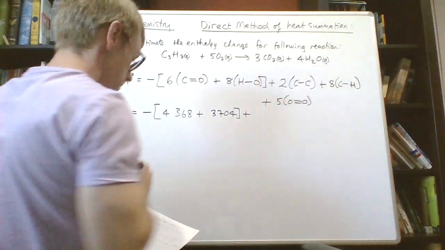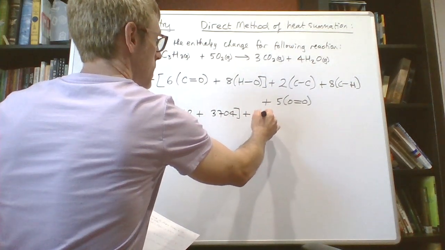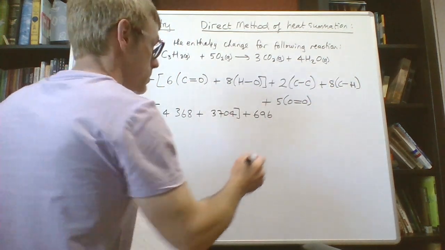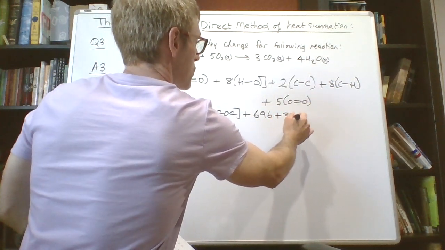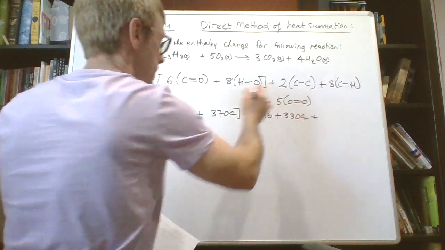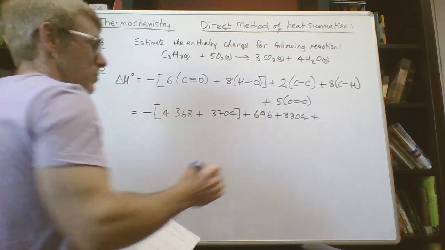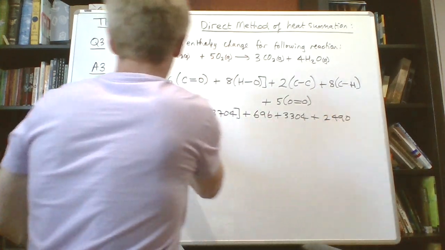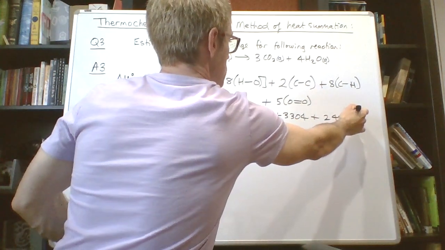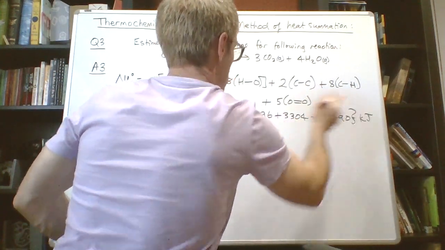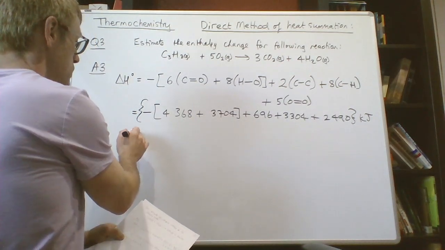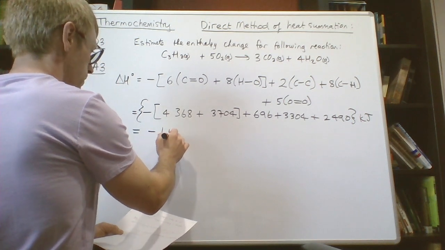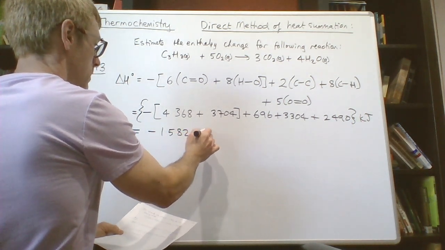And then 2 lots of that value are going to be 696, and 8 lots of that value are going to be 3304, and 5 lots of that value are going to be 2490. The whole thing is going to have units of kilojoules. We add those up because it's direct method of heat summation. Negative 1582 kilojoules.